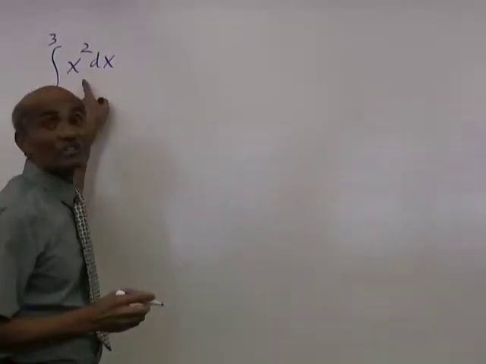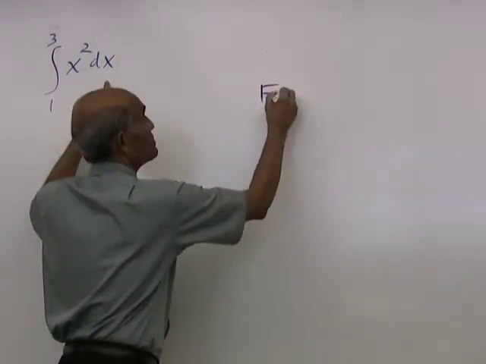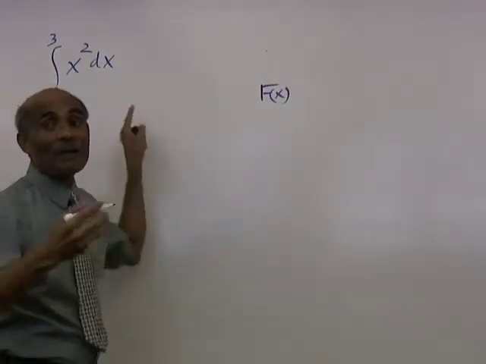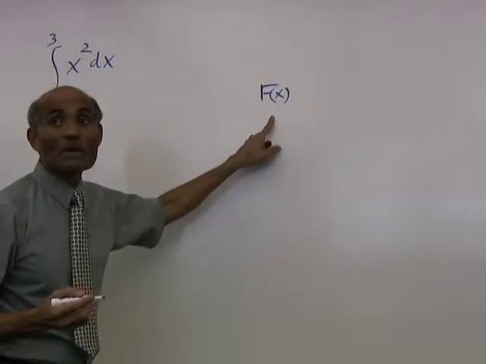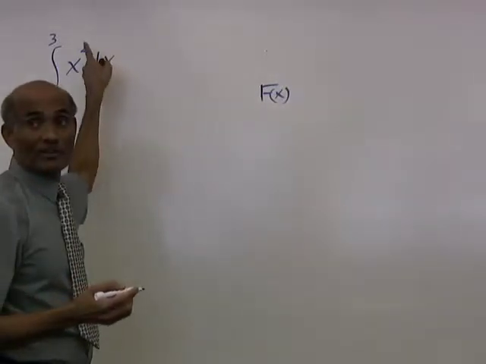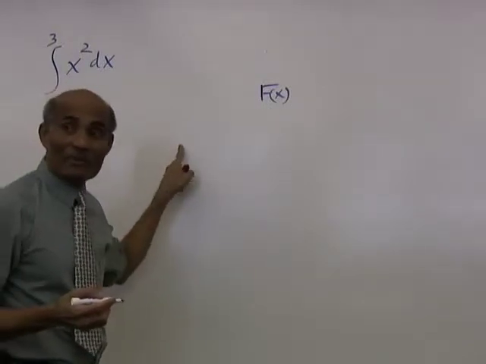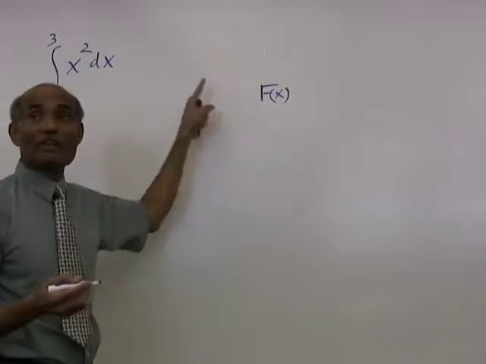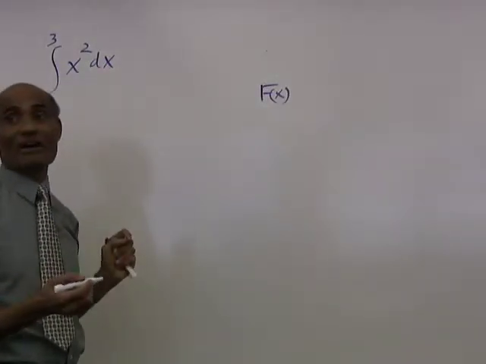First of all, integrate the given function so that you get the uppercase F of x. Then in the uppercase F of x, set x equal to the upper limit, and then minus, in the uppercase F of x, set x equal to the lower limit, and then simplify.